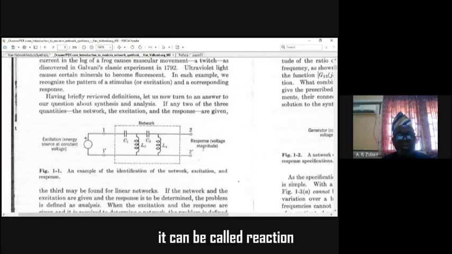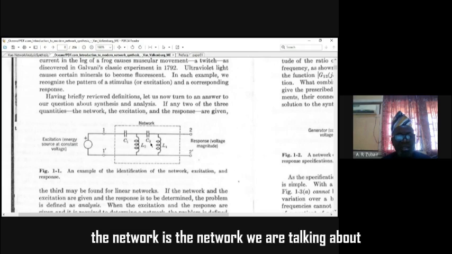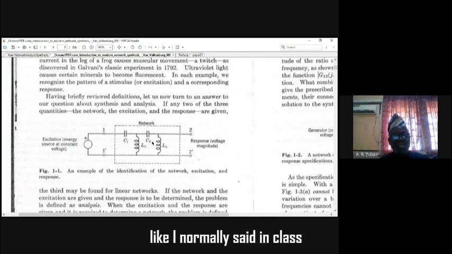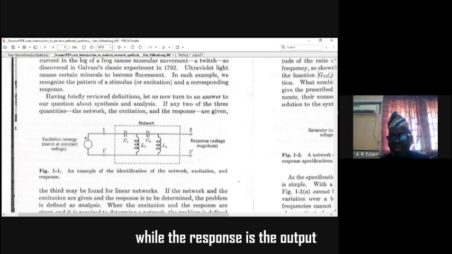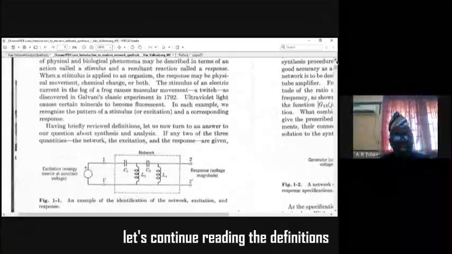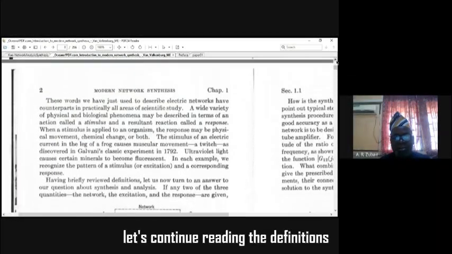It can be called reaction, it can be called response. And then the network is the network we are talking about. Like I normally said in class, the excitation is the input to the network, while the response is the output. Let's continue reading the definitions.